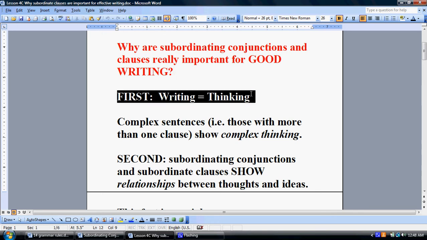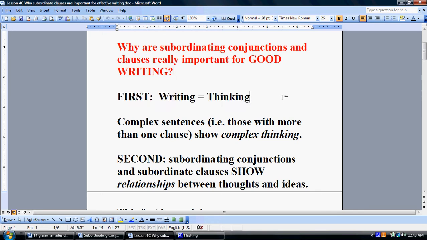First thing, there was a saying that I had heard in college, and it said writing equals thinking. And I believe it, because if you can't write your thoughts into clear, complex, and easy to understand sentences, that usually reflects the fact that you can't think very well, and vice versa.